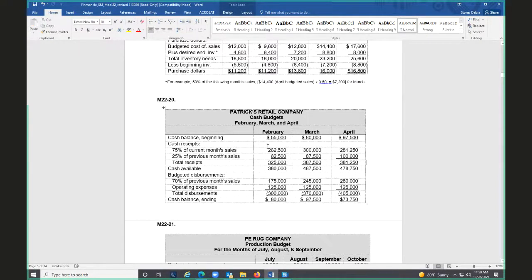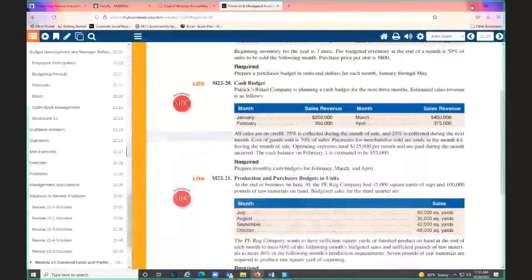And now we have all the things they said, 75% of current month's sales in the collection, 25% of the previous months, okay, and going across, and then the cash available, and then the disbursements paying the accounts payable for the products, etc. And so we have to have 70% of the previous months all the way across, and then the operating expenses, the total disbursements, and here's our ending cash balance.